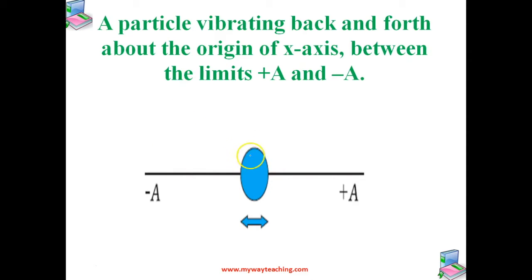As you can see in this figure, this is a particle which is continuously moving back and forth about the origin of an x-axis between the limits, that is plus A and minus A. And this oscillatory motion is said to be simple harmonic only if the displacement x of the particle from the origin varies with time as a function, that is x of t equal to A cos of omega t plus phi, where A, omega and phi are all constants.